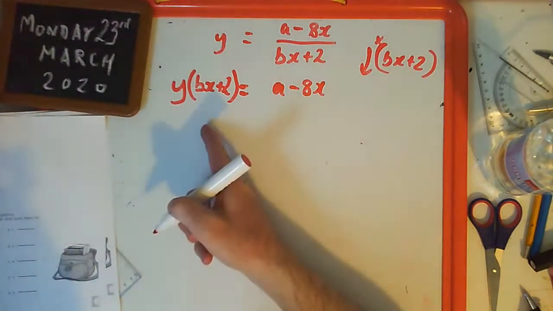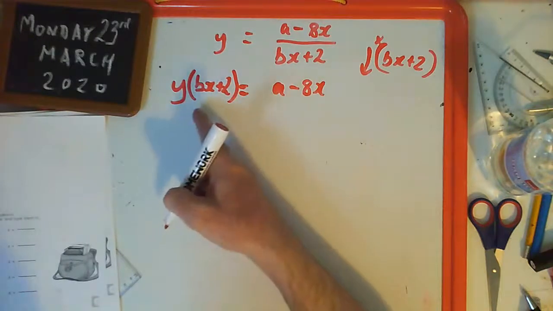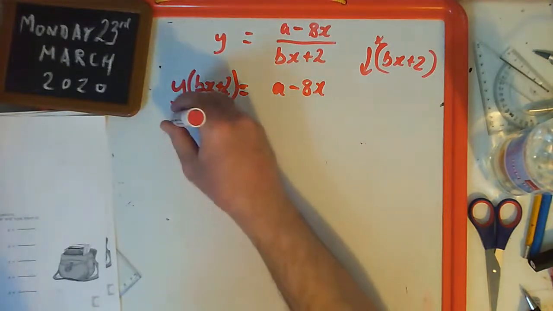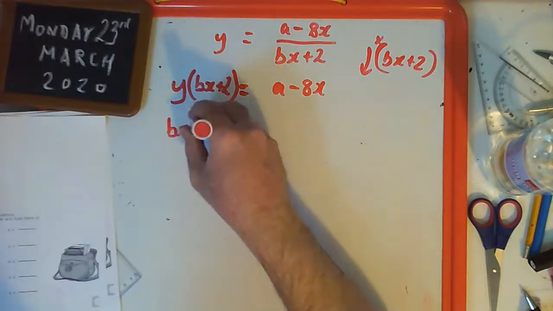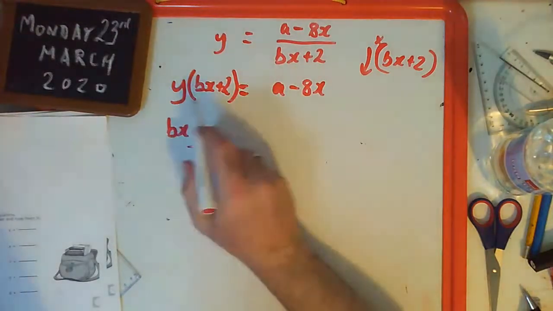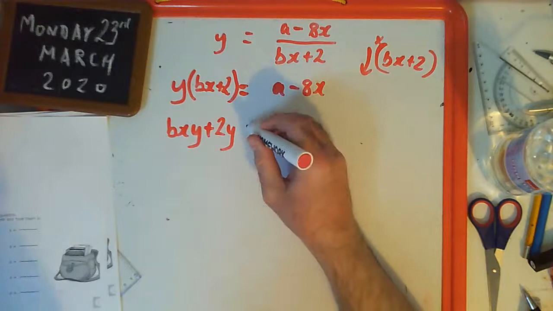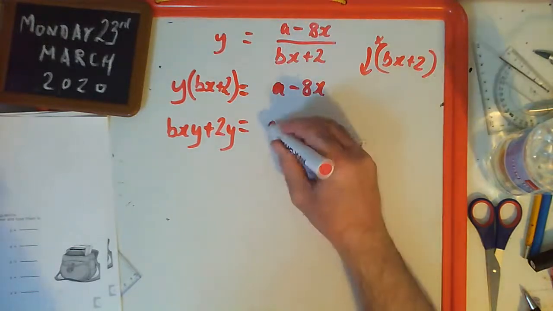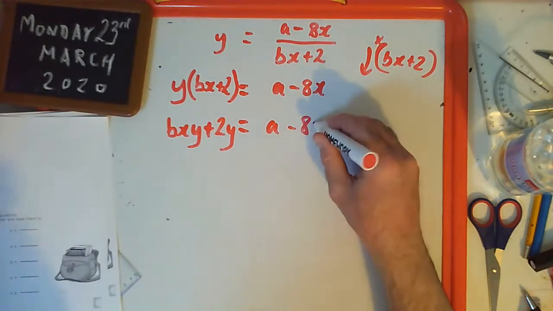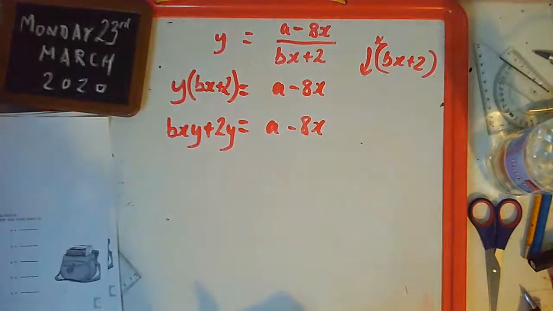Now I'm going to multiply these brackets out. So y times bx is bxy, and y times 2 is 2y. So bxy plus 2y equals a minus 8x.